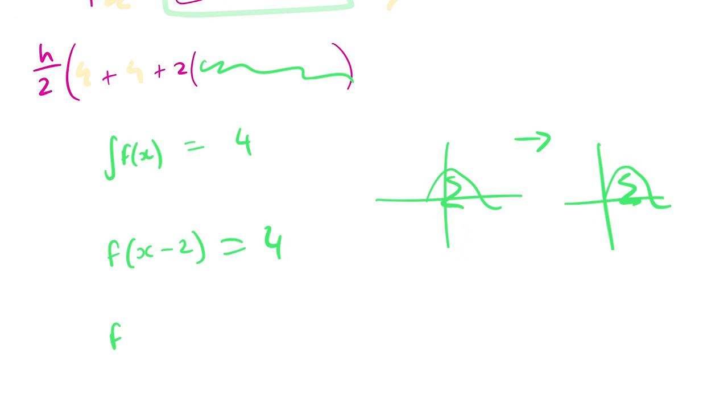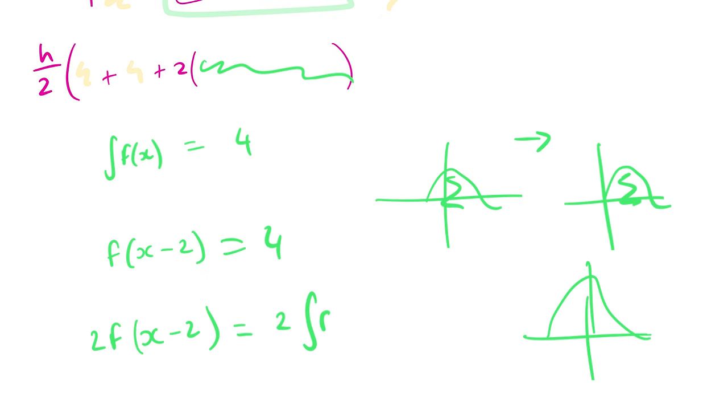However, 2 lots of f of x minus 2, what's happened here? My y has stretched, so technically our graph's going to look like this now. Has our area changed? Yes, it's doubled. So this is going to be 2 lots of the integral, forget about that bit, of f of x, which is actually 2 times 4.